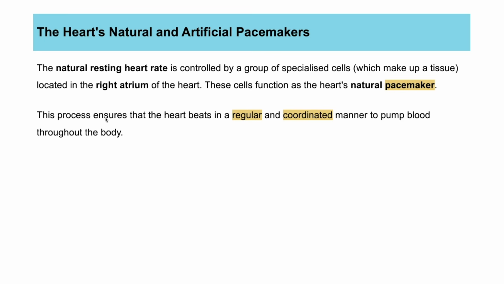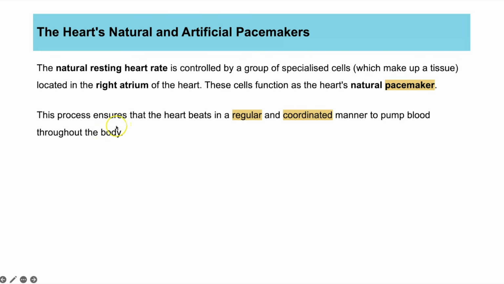This wave of electricity goes across the heart, and that is what causes the heart muscle to contract. The frequency, so how quickly the pacemaker cells release this wave of electrical impulse across the heart, is what determines how quickly your heart beats. So in other words, the pacemakers are setting the pace of your heartbeats.